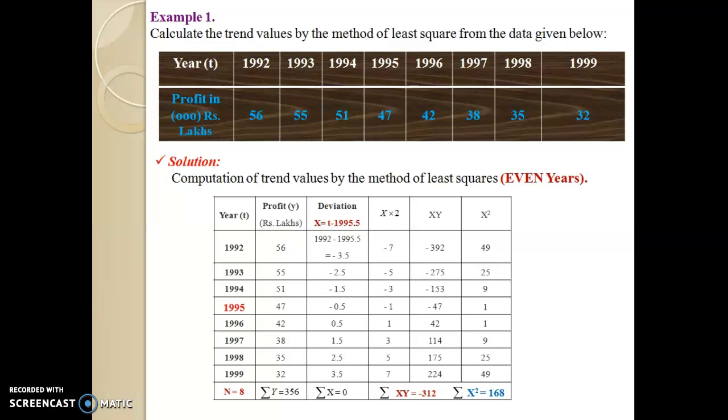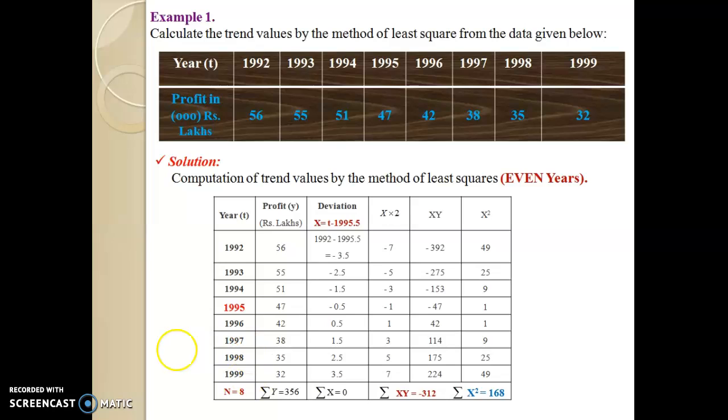As per the procedure, the data of 8 years, that is year and profit, that is time t and profit y. Since there are 8 years, capital N is equal to 8, we will take the deviation from the mid-year as per the procedure.